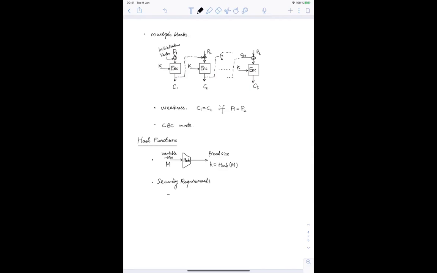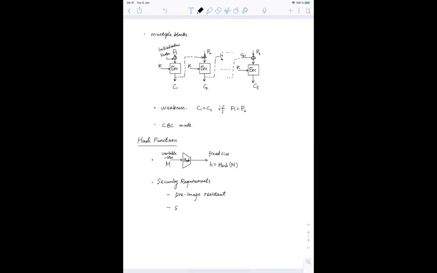One is called the pre-image resistant property, also called the one-way property. So to calculate the hash of the message is quite easy, but given the hash, to calculate its original input is difficult. That's what one-way means.